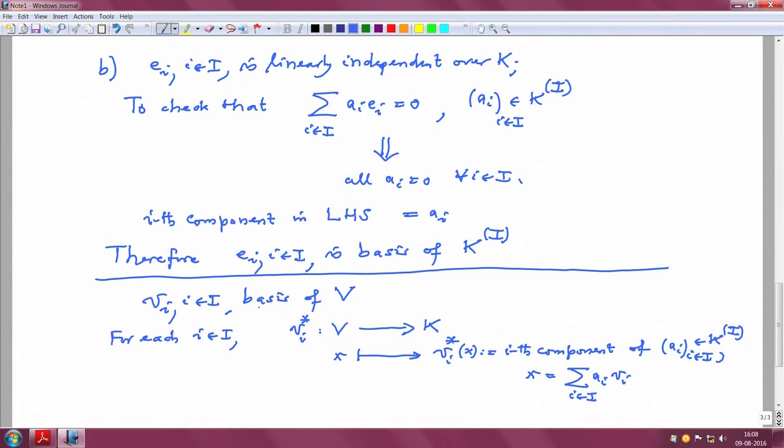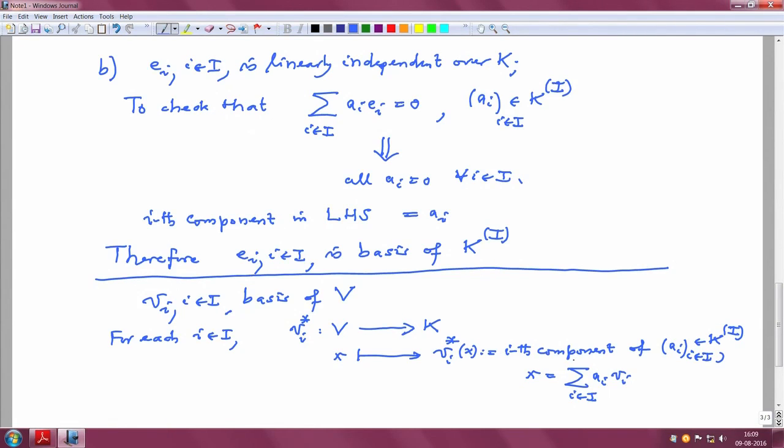Because this is a basis, each vector x can be written uniquely in this form. This tuple (a_i) has only finitely many non-zero entries, and this coefficient a_i is what the map x goes to.